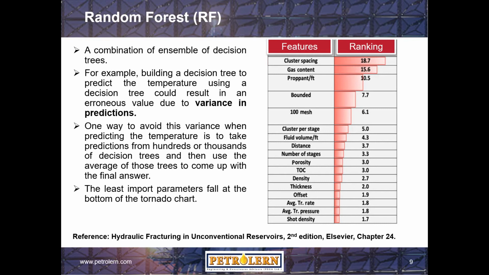Well, that comes from lack of understanding of the data. Your data set tells you that the most important feature in this synthetically generated data set is cluster spacing. Now, why would you go and play around with shot density if the importance of that parameter is only less than 2%, whereas the importance of cluster spacing on the production performance is over 18%?